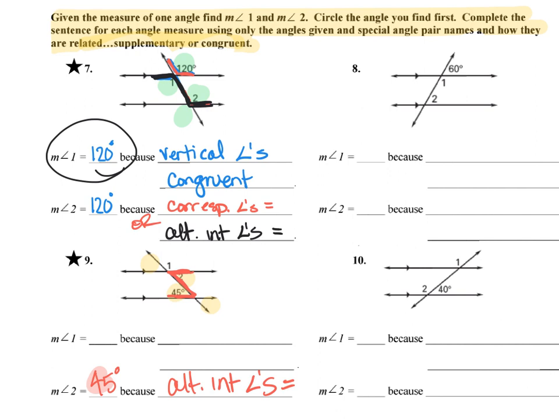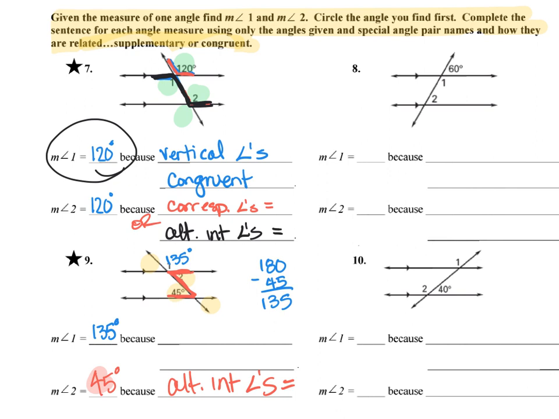And then I have to figure out about angle 1. Now remember, these angles are only equal or supplementary. So for this, to find the other angle, subtract 45 from 180. So I know that this is 135 degrees. And the question is why?